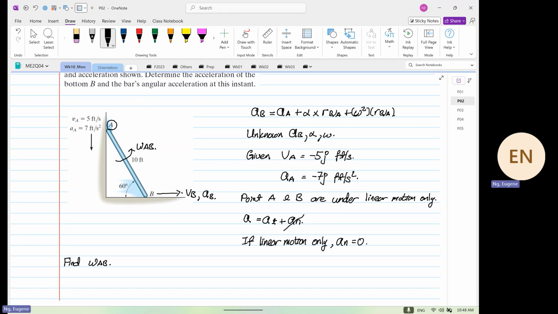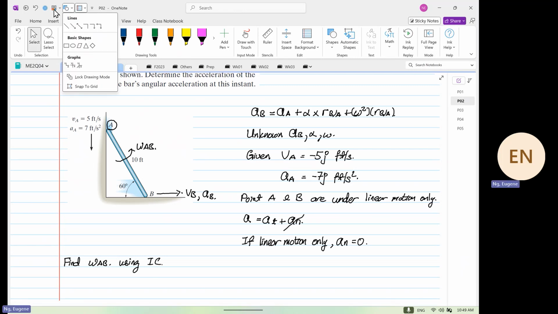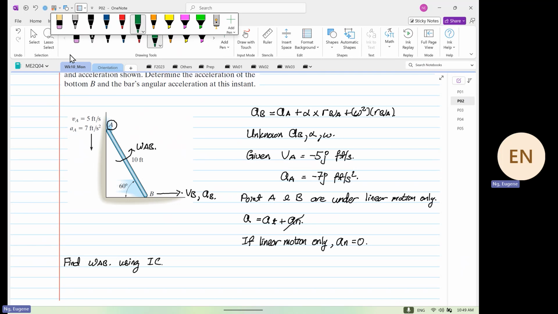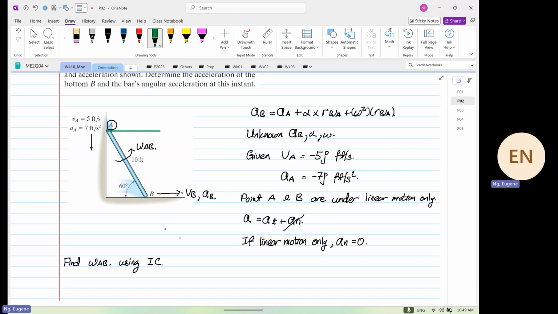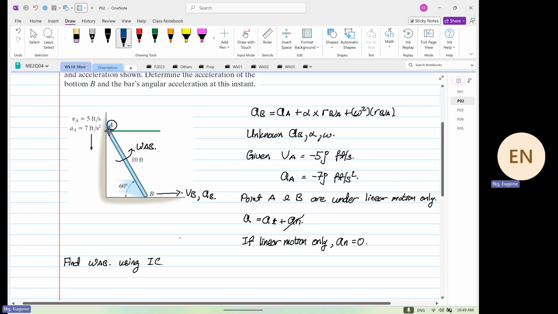So from here, what we're going to do is find omega AB, and we can do this by using instantaneous center. A quick revision on instantaneous center. Point A, I'm going to draw in green, is where we construct instantaneous center. So I draw a horizontal line because we are aware that the velocity vector of VA is coming down this way.